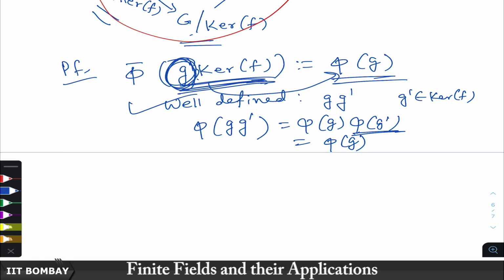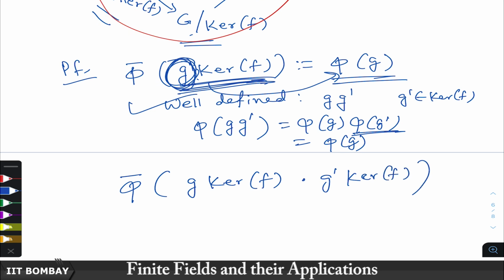This is clear, because it is easy to check that phi bar of g kernel f, you take two cosets g kernel f and g prime kernel f, and what is the operation between two sets?